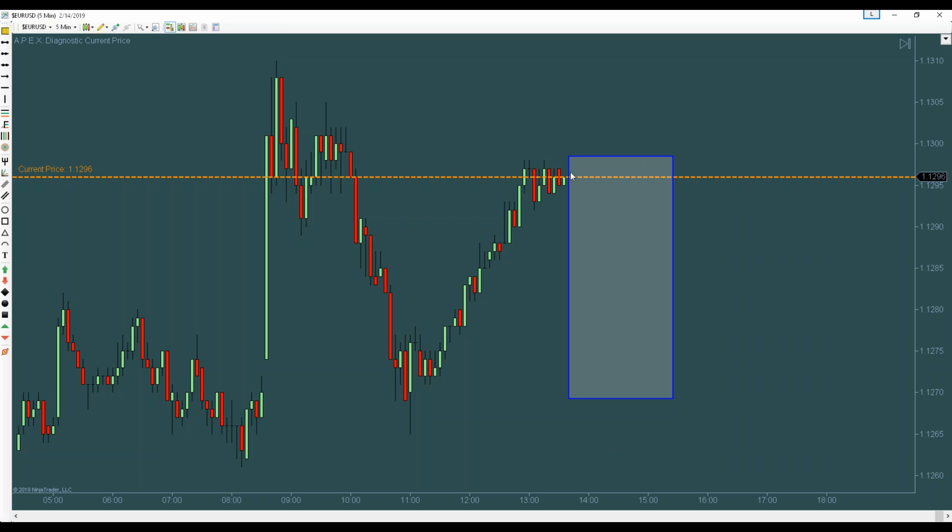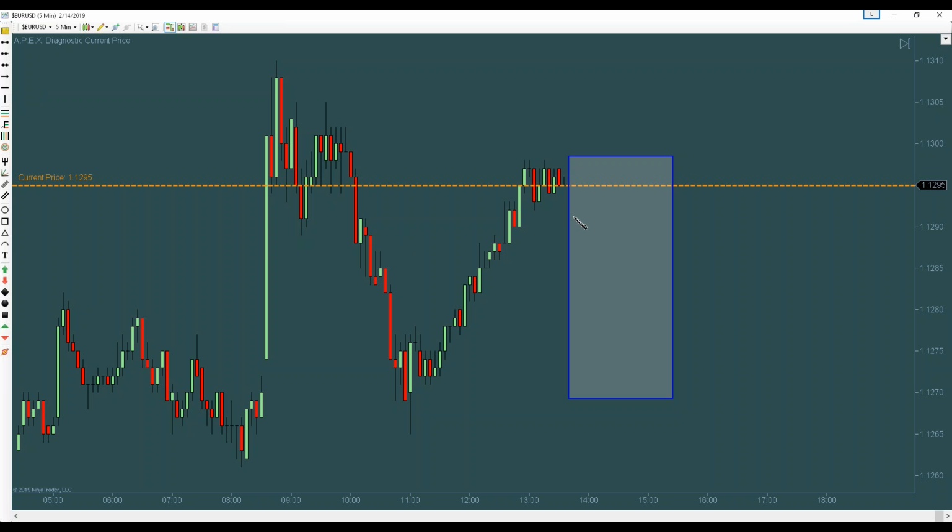And you like the fact that you can sell up here close to this floor because your only risk is from wherever you sell to the ceiling. But because of that edge, because of that lower risk, because of that insurance, there might be premium built in where you're selling right here. You're going to pay a little extra there in premium. So your risk is now from here to the ceiling.